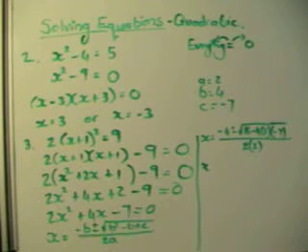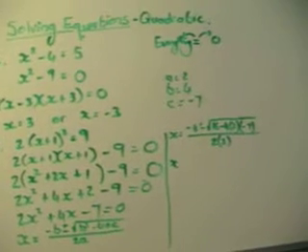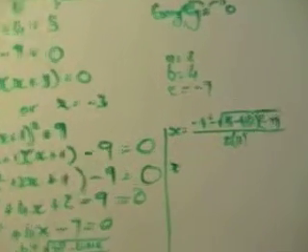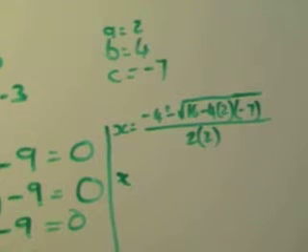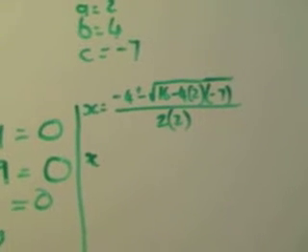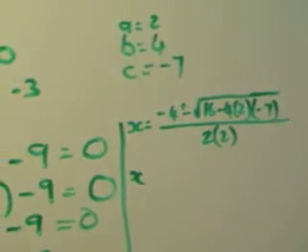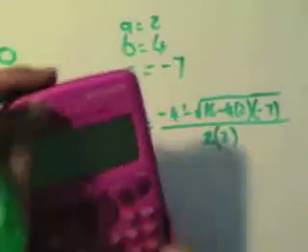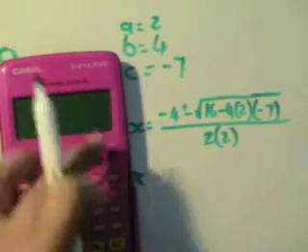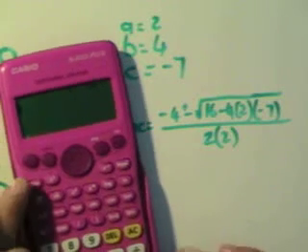I'm just going to zoom in a little bit so you can read that properly. Then I want to feed that into my calculator, first with a plus and then with a minus.